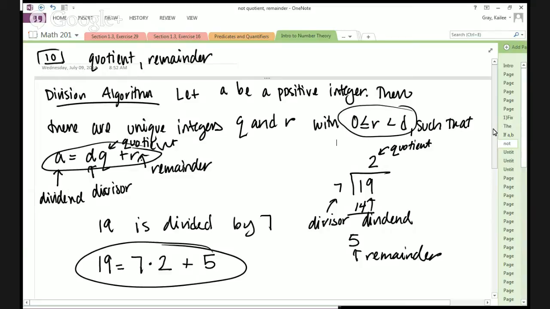I think you'll see what I'm talking about here. That's the only condition that causes us trouble with the negative dividends, because our remainder has to be positive.